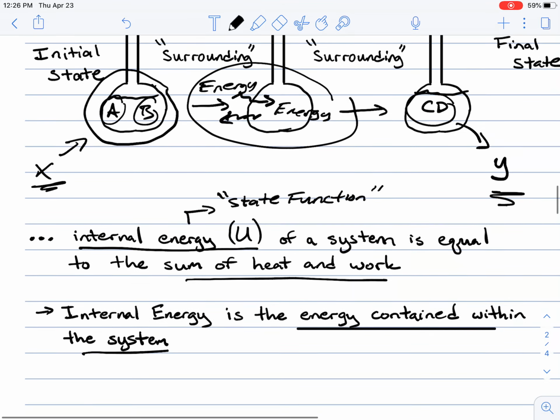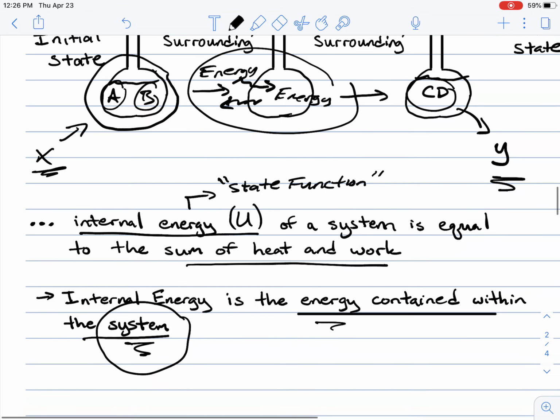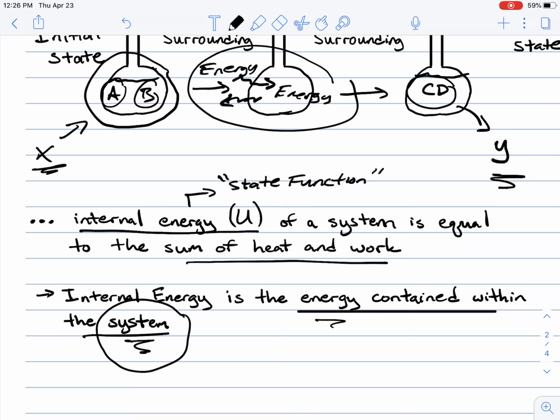Once again, internal energy is simply the energy contained within the system. Notice how this term system is so broad. You can apply this word system to anything you can think of. For example, the system can be your body. Inside your body, you have all of these biochemical processes occurring, like anabolic and catabolic processes that convert energy into potential energy or potential energy to kinetic energy.